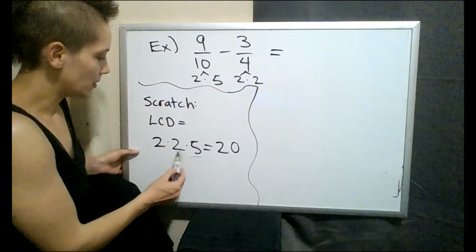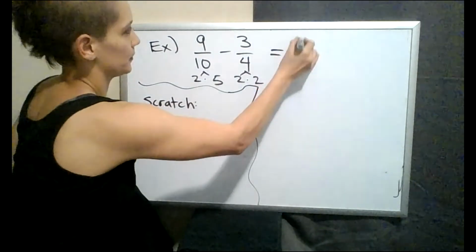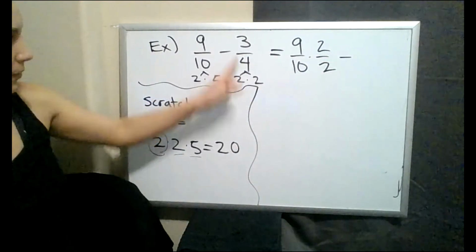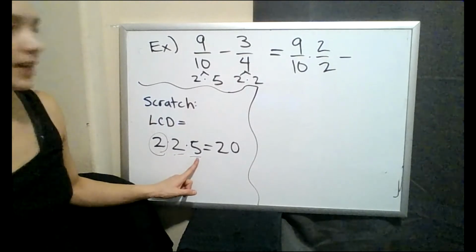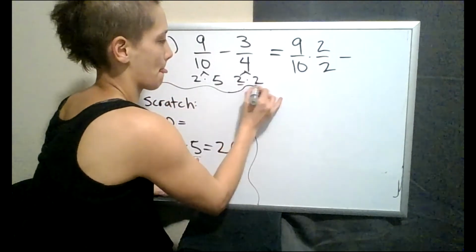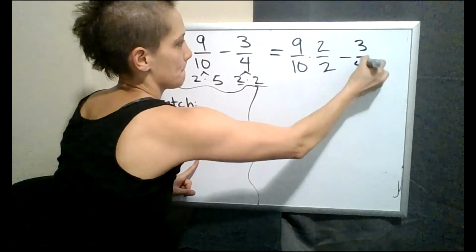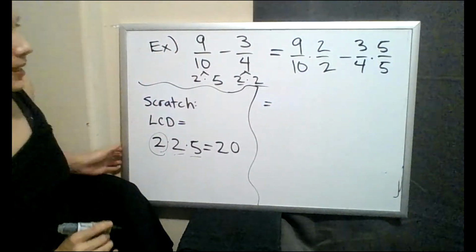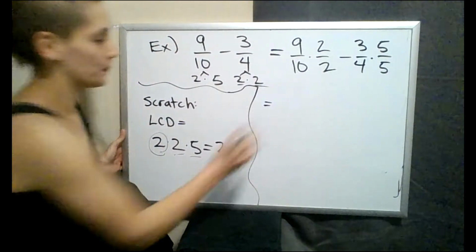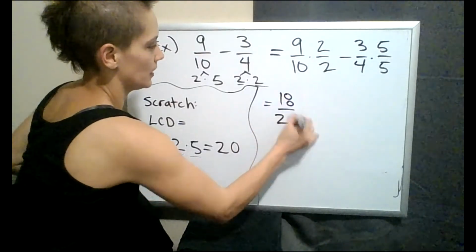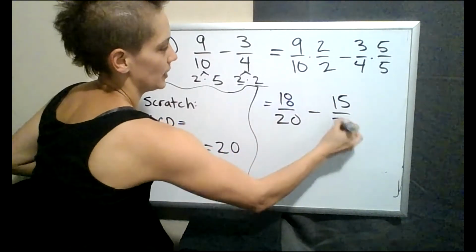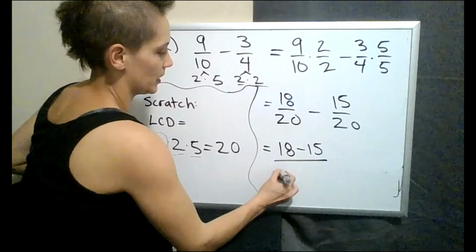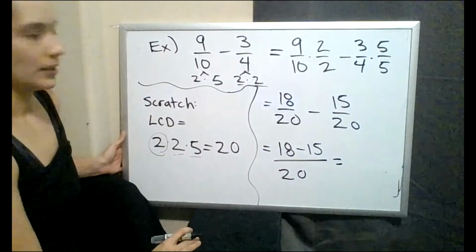You have 5, a 2, and you're missing a 2. 4 has 2 2's, but it's missing 5. Alrighty, 18 over 20 is that first fraction. We're subtracting 15, 20, all goes in the numerator over the least common denominator. We got 3 over 20.